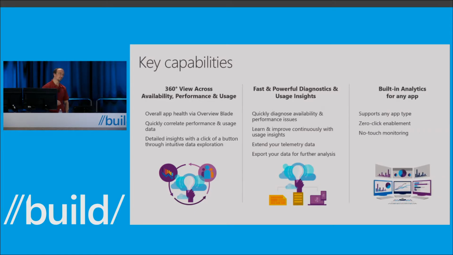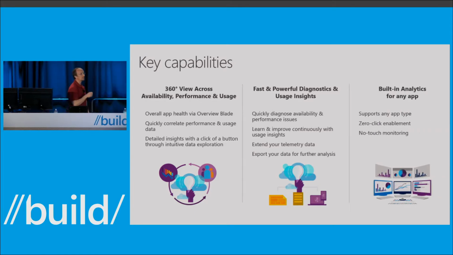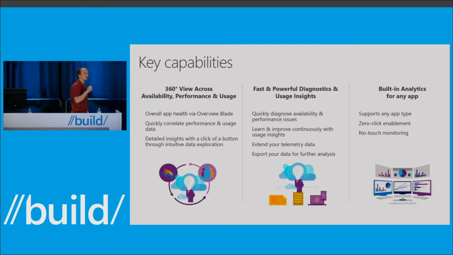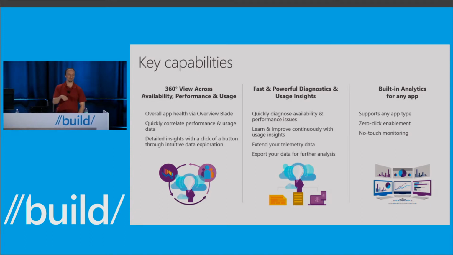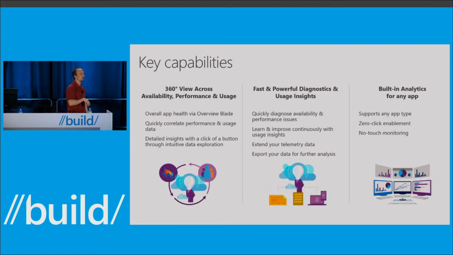And the last piece is you've seen how easy it was to integrate Application Insights into your .NET application. Essentially, you didn't have to do anything. There was a checkbox, and we've done all the wiring for you. We're doing the same thing for other platforms.